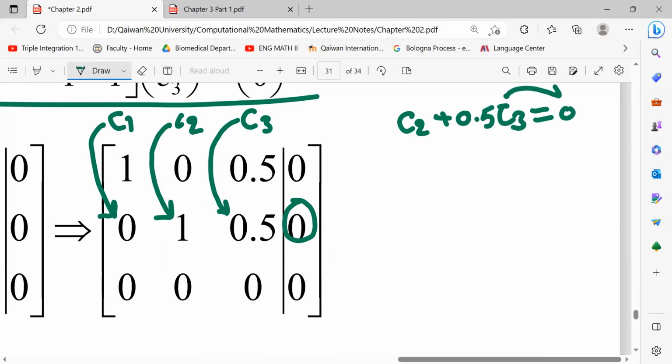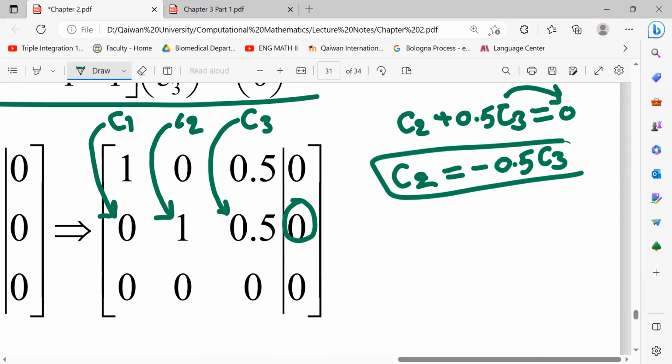We move this to the other side. So C2 is minus 0.5 C3. This means that C2 and C3 are not 0, because C2 is negative half of C3.